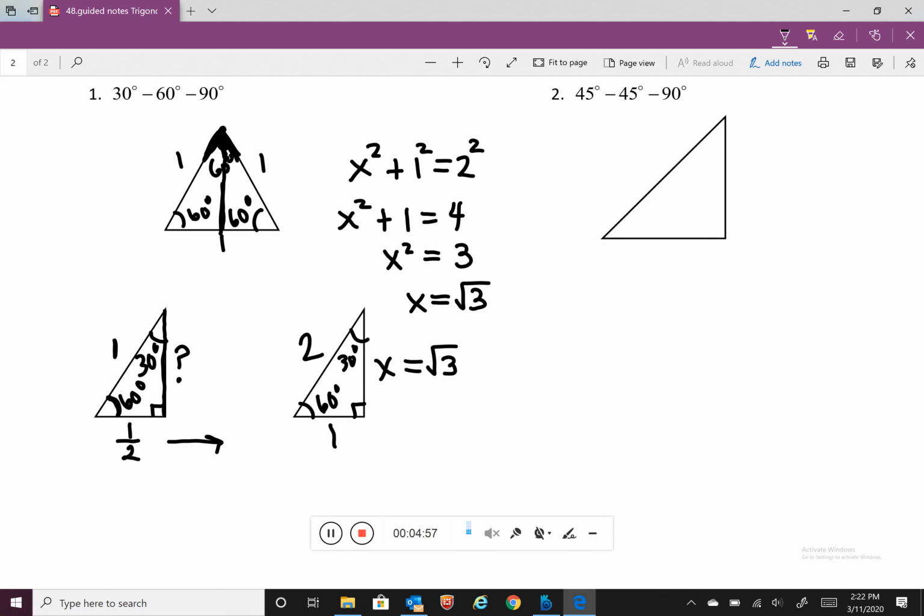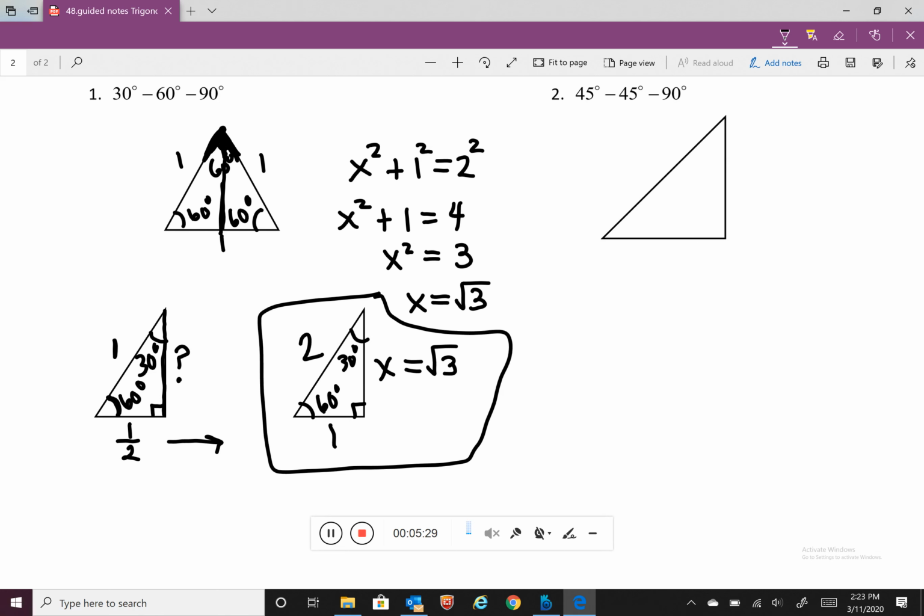Now for right now, we're still looking at acute angles, and so x will only be the positive square root of 3, but in the future we're going to have to make sure we recognize when x will be negative. So now we have a completed triangle in terms of its angles and its sides as they relate to each other for the 30, 60, 90 degree triangle. So we're going to be using this to complete our table below.